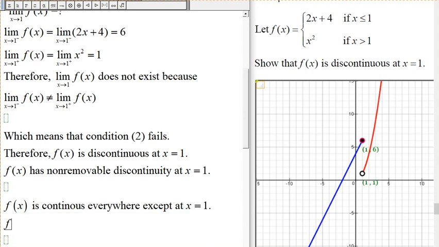And so we say that f of x is continuous on the interval negative infinity to 1, union 1 to infinity.